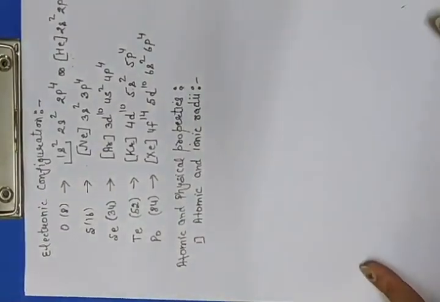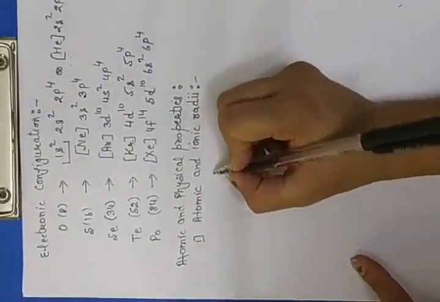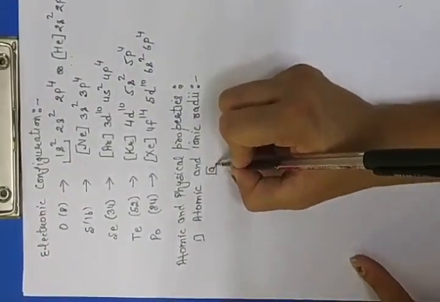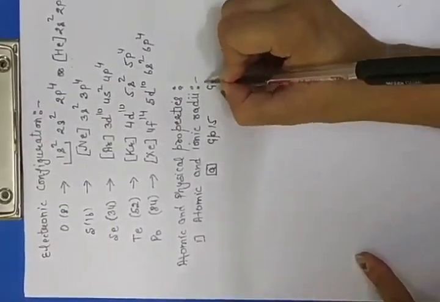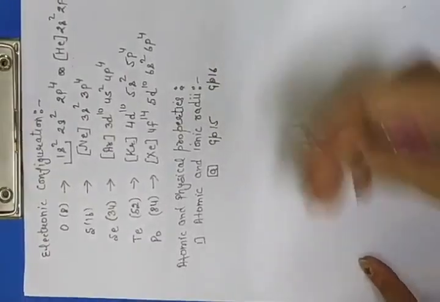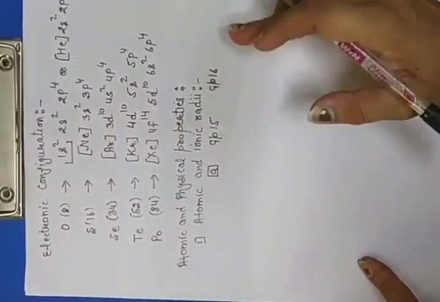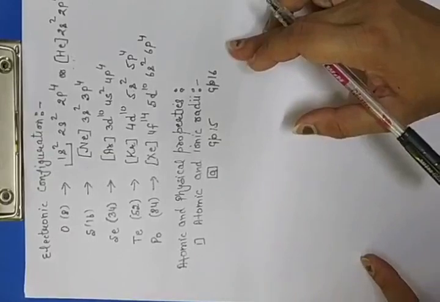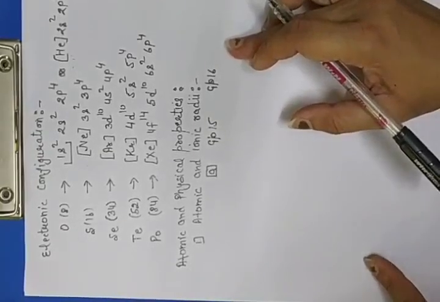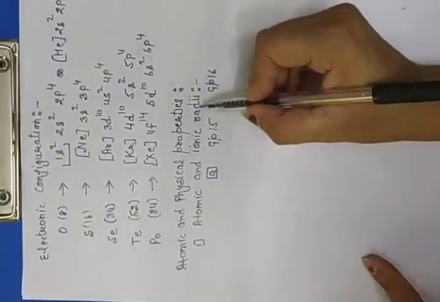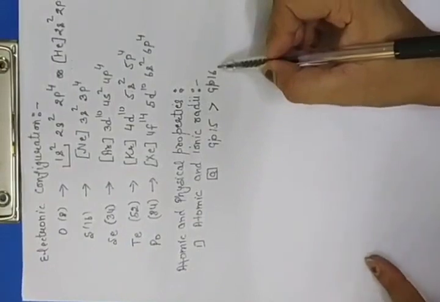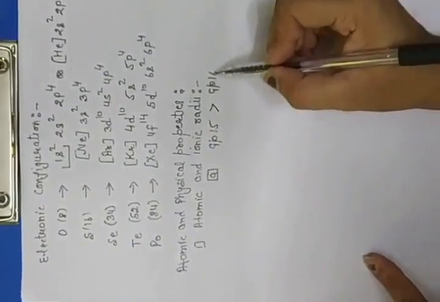About atomic and ionic radii, first of all we compare this property with the previous group, that is group number 15. As we move from left to right, size decreases, hence atomic radii also decrease. It means group number 15 has large atomic as well as ionic radii in comparison to group number 16. Why did it happen?